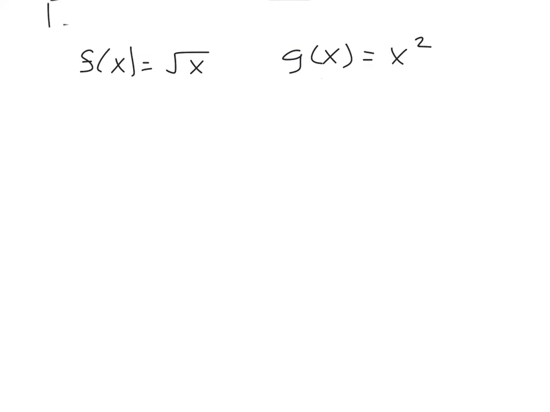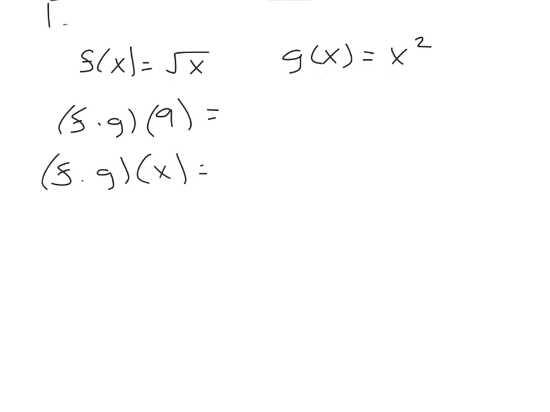So then you have yourself f times g, and I want to not just analyze it at x, but I want to analyze it when x is 9. Okay, let's see what happens when x is 9. So the first thing you do is first figure out what f times g of x is, and then put in the 9, okay? So don't do that 9 yet.